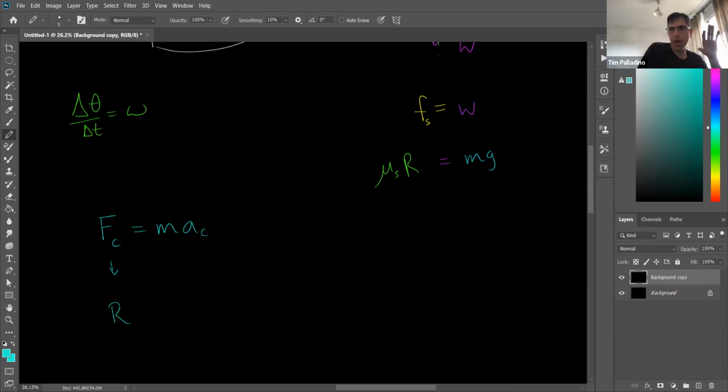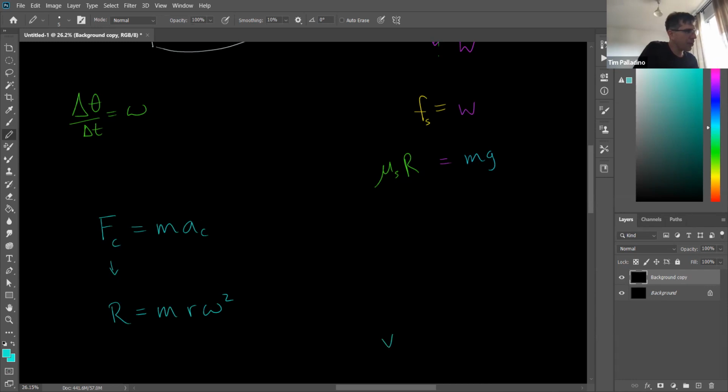This is the force causing this person to move in a circular motion towards the center of the circle. And this is going to equal m times the centripetal acceleration, which I think you'll remember was equal to R omega squared. Is it okay if I make that substitution?